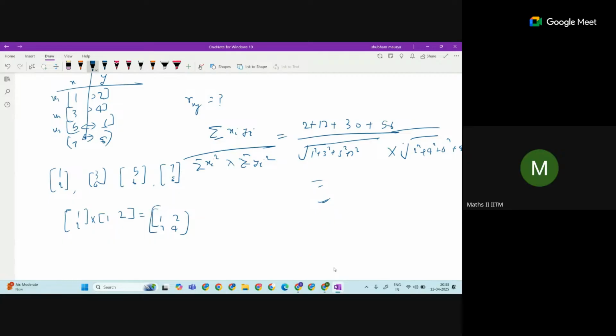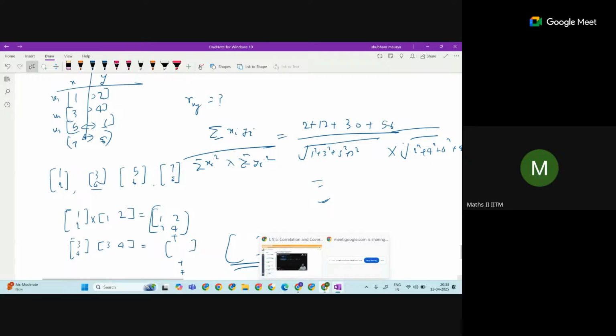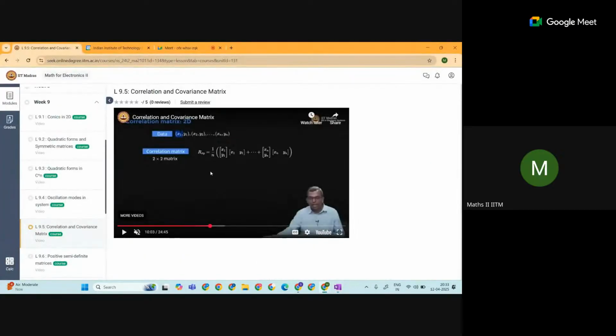Again take 3 4, and horizontally write 3 4 again and multiply, you will get another matrix. You can sum them all, and whatever matrix you get, that is your correlation matrix.